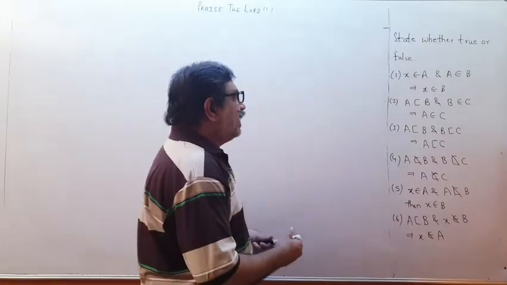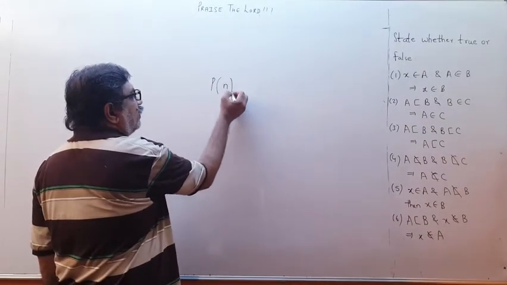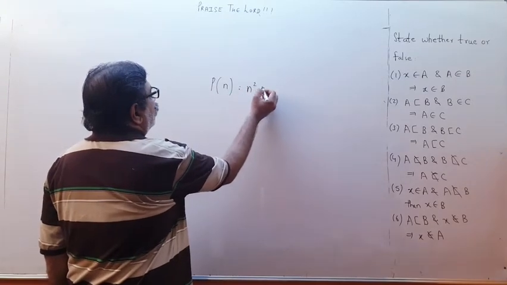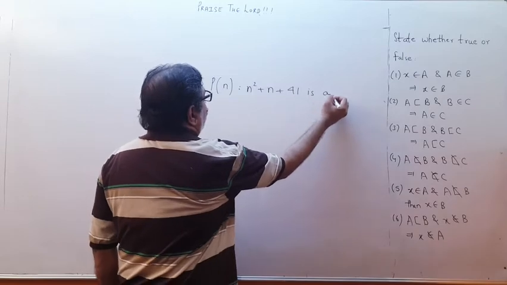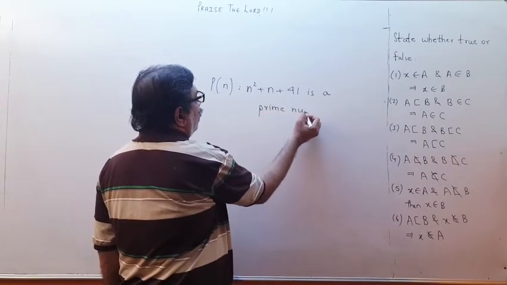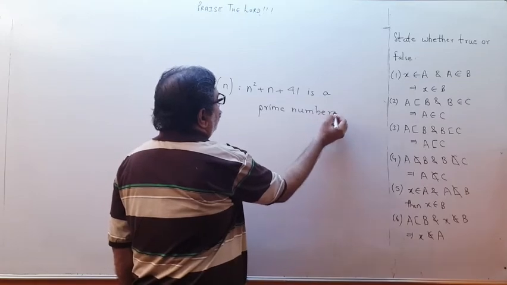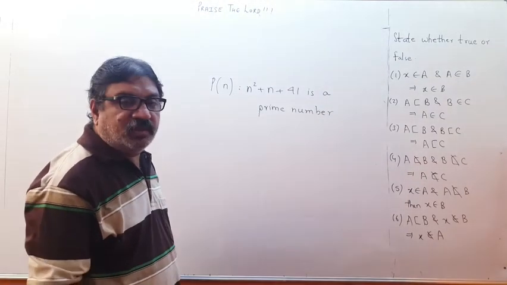I will give you one more example if you want to understand. I say that Pn is a statement that n square plus n plus 41 is a prime number. Now somebody makes a claim like this, that n square plus n plus 41 is a prime number, where n is a natural number, supposing.